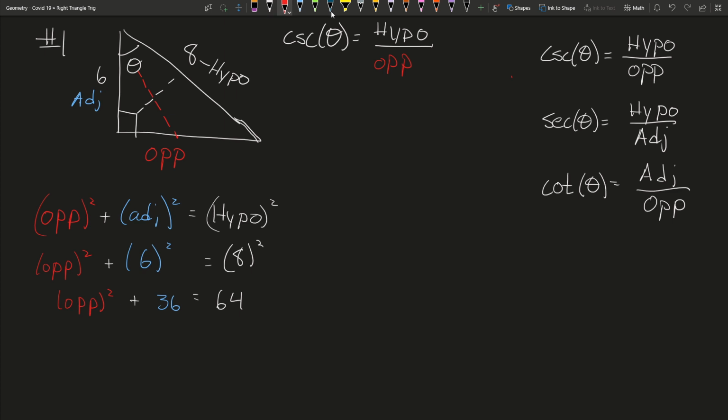Then if we subtract 36 from both sides, opposite squared will be on its own. And we'll have 28 on the right.